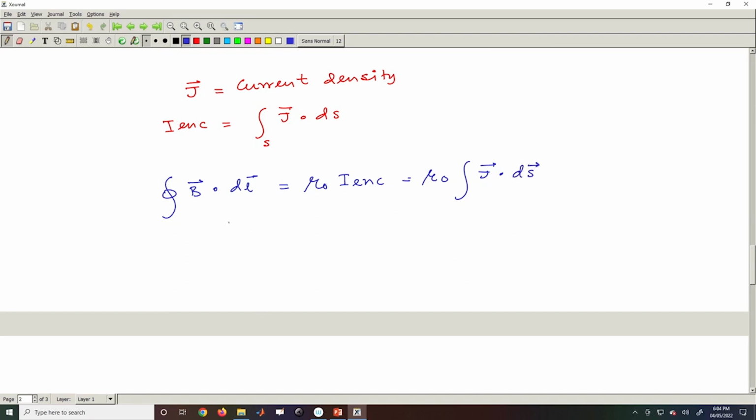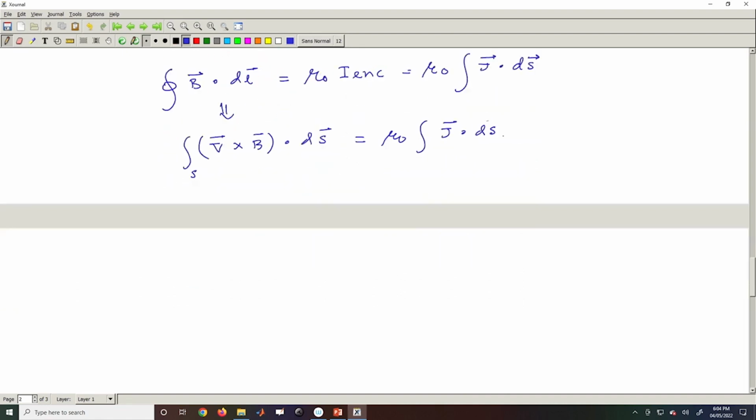Now, applying Stokes' law, this I can write as the surface integration of curl of B dot ds, and that amount is mu 0 times the integration of J dot ds. Now, this is true for any kind of surface.